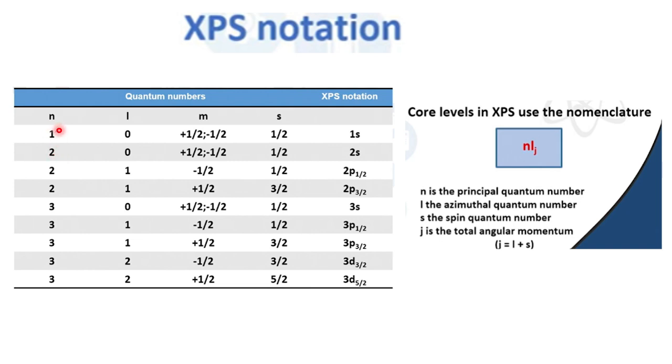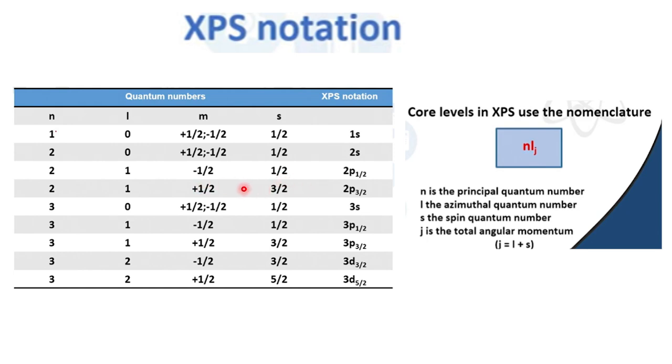For n equal to 1, when the principal quantum number is 1, L is 0. The spin has only two possibilities, plus half and minus half, and J will be half. If J is half, the XPS notation will be 1s. Now if n equal to 2, L will be equal to 1, that is basically a p orbital.